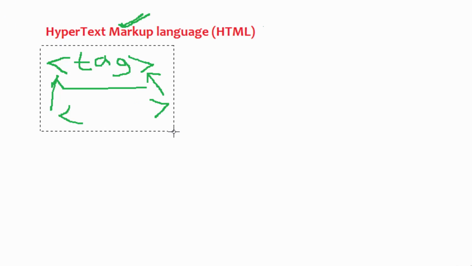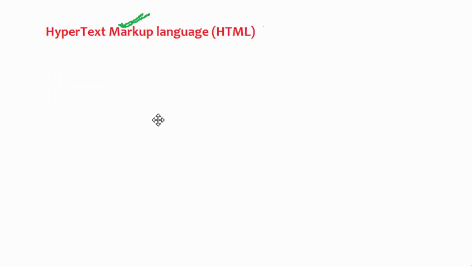A good example of tag is this one. If, for example, I want to write a paragraph in HTML, I will use what we call paragraph tag, and paragraph tag is written like this, and it is closed on the other end using a slash, not backslash, a slash with this.